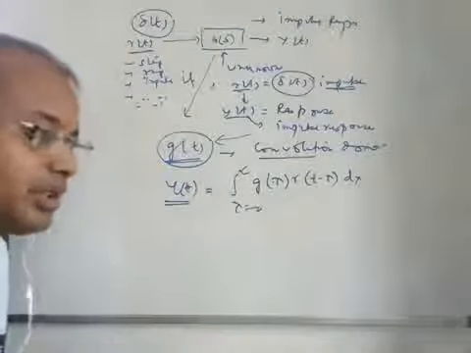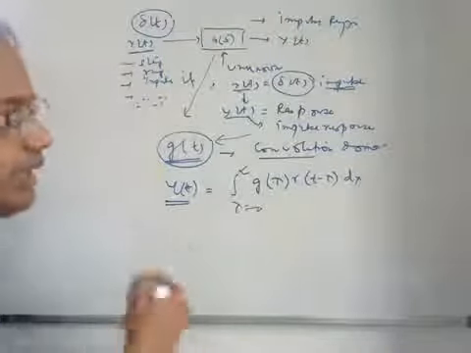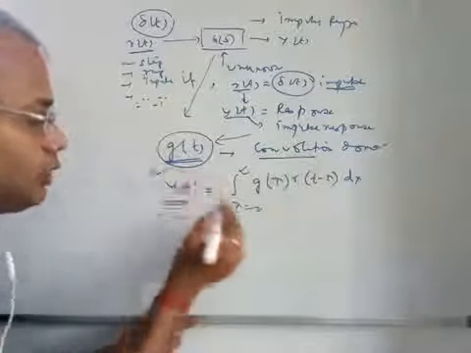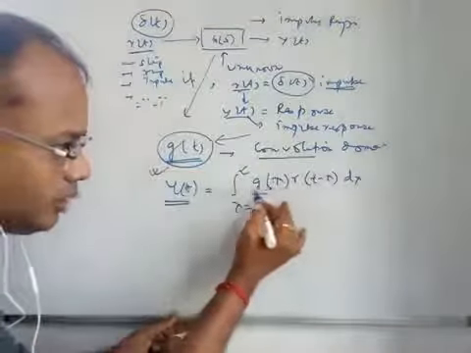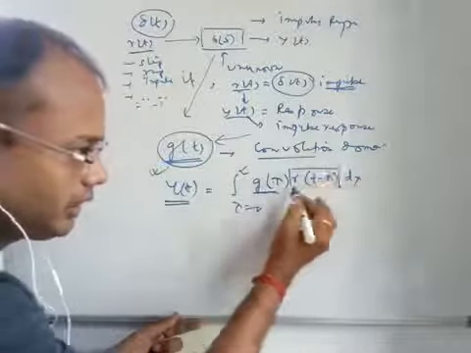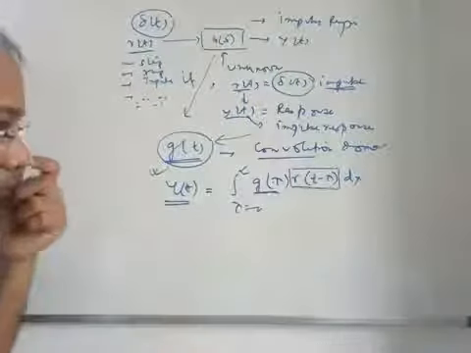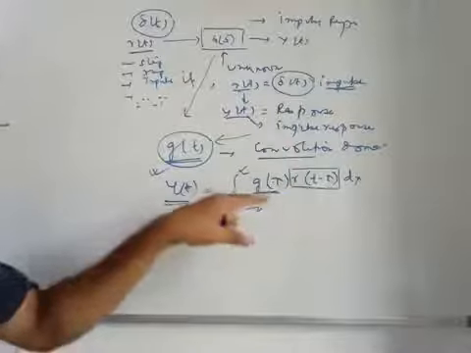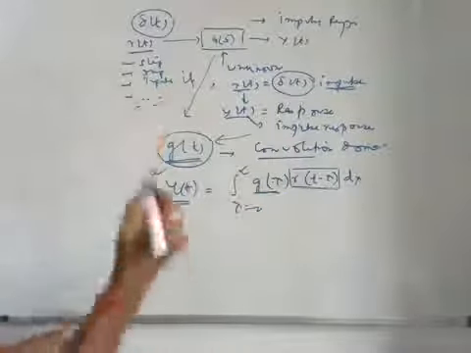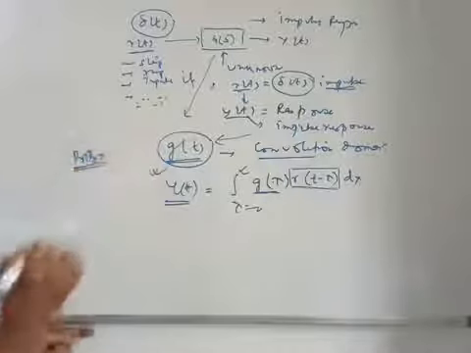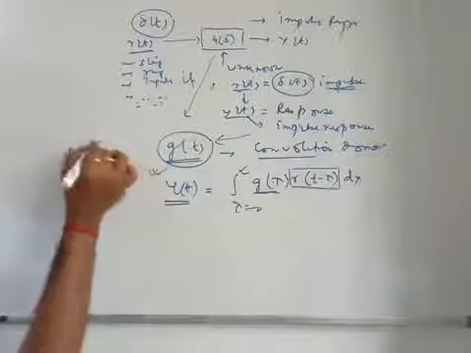And once the impulse response is known, then for any kind of input, this is the relation by which you can get the output. This is your input, you can apply any kind of input, and corresponding to that you can get any kind of output, right? So now our aim is to get the condition for BIBO stability, right? So BIBO stability, what does it mean?